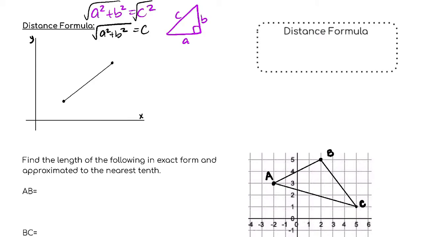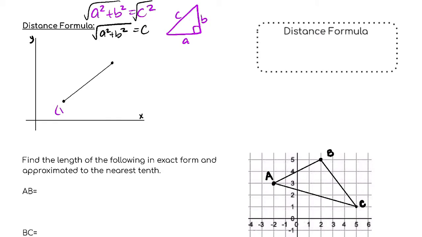Here we have a coordinate grid with the x and y axis, and we have a line segment. We do not know the coordinates for the points on this line segment, so we're going to use letters and subscripts to identify them.